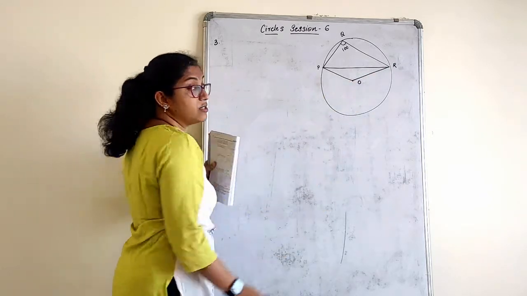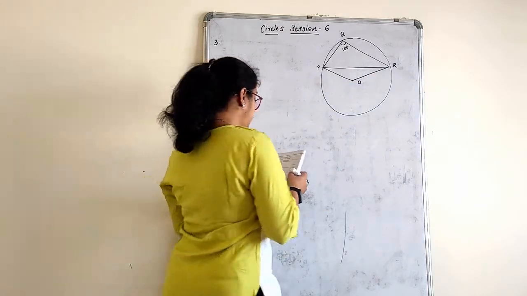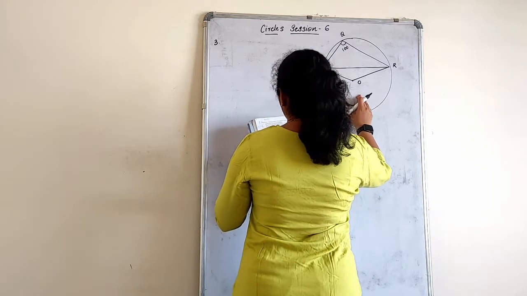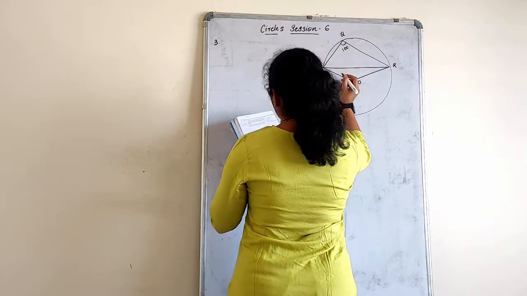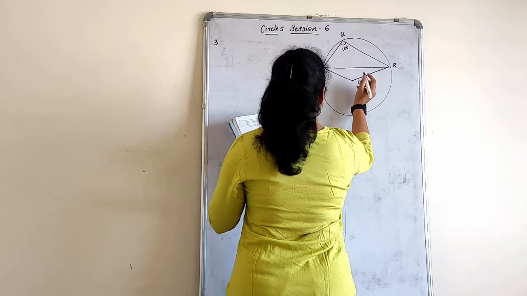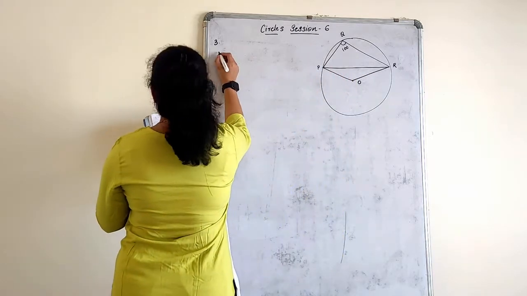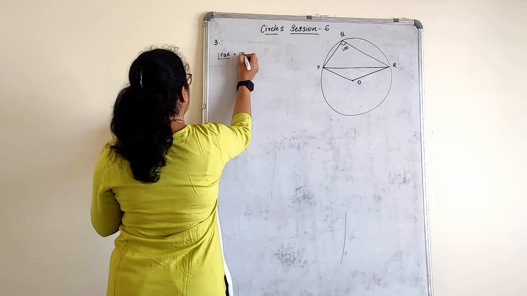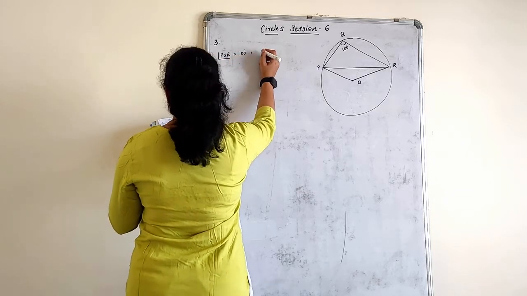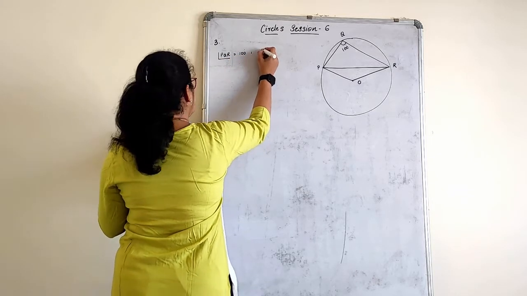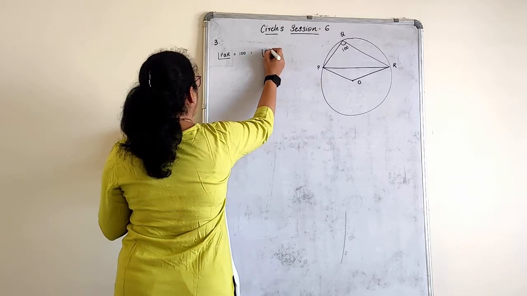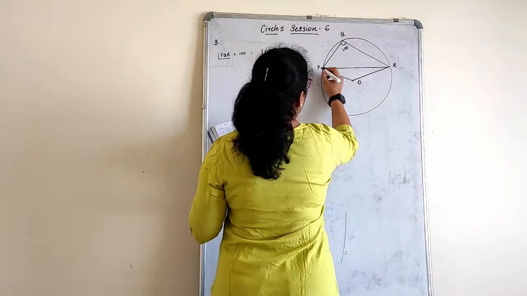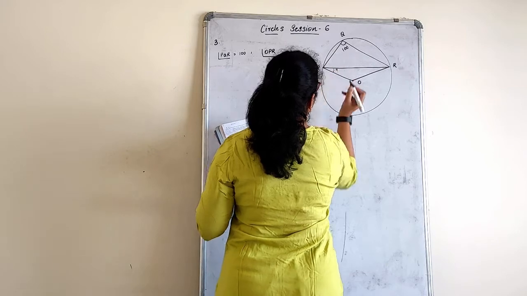It has to pass straight. So what we have to find here now? Angle PQR is equal to 100 degrees, where P and Q are points on the circle with center O. Find OPR. This angle we are supposed to find.